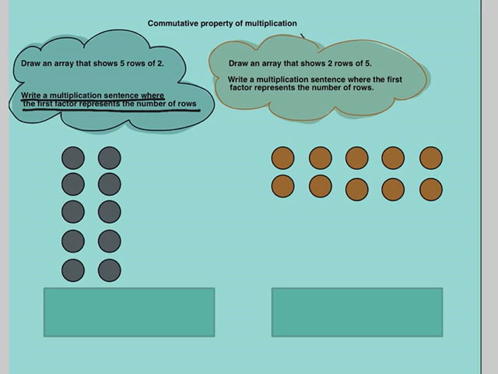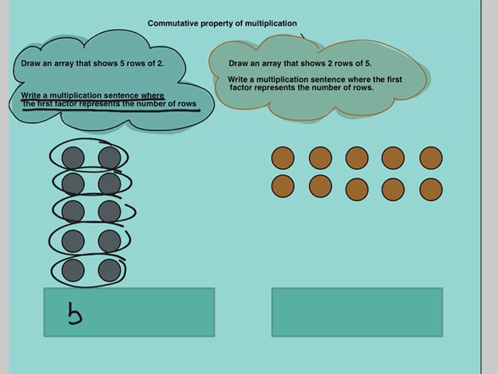Or you can call it the number of groups. Let us count the number of groups. 1, 2, 3, 4, 5. So there are 5 groups. For 5 groups, let me write 5 as the first factor. And the second factor will be the size of each group.